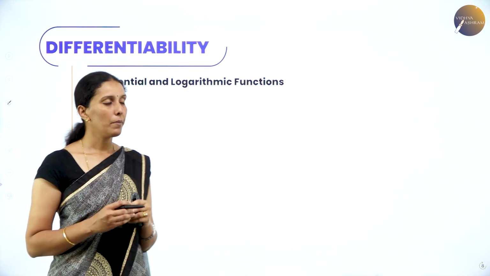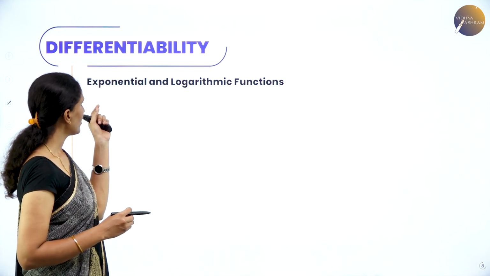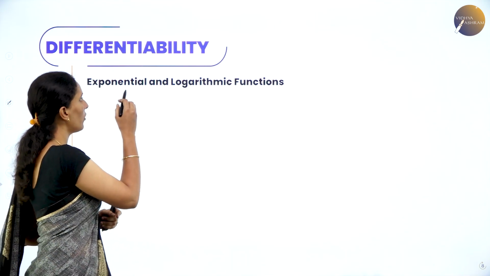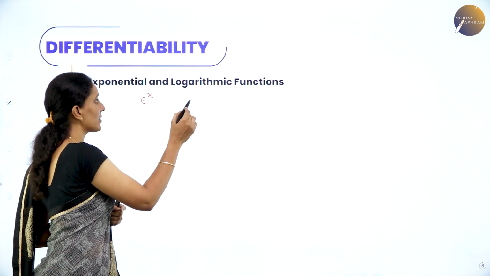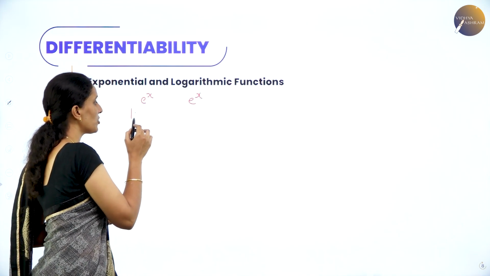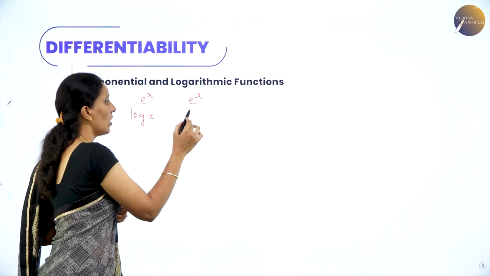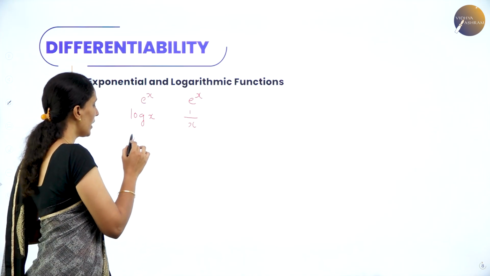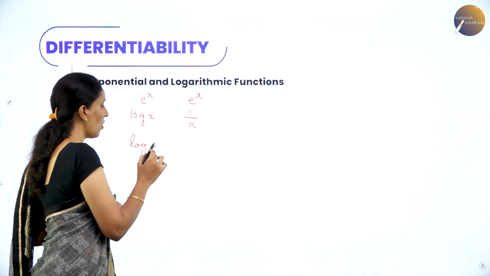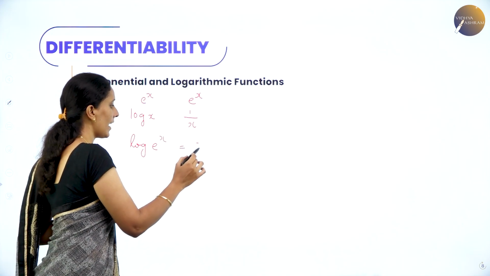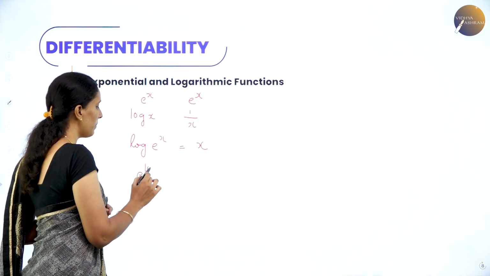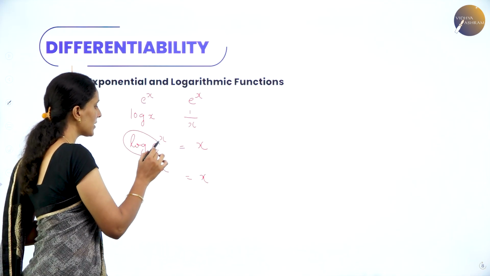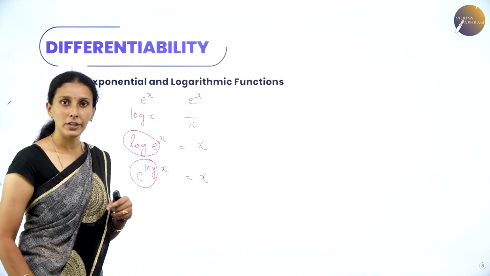So now we come across certain important functions of the form exponential as well as logarithm functions. I have already told you the derivative of e power x is e power x. The derivative of log x is 1 divided by x. And remember, any function of the form log e power x is x or e power log x is also x, because log and exponential functions are inverse to each other.